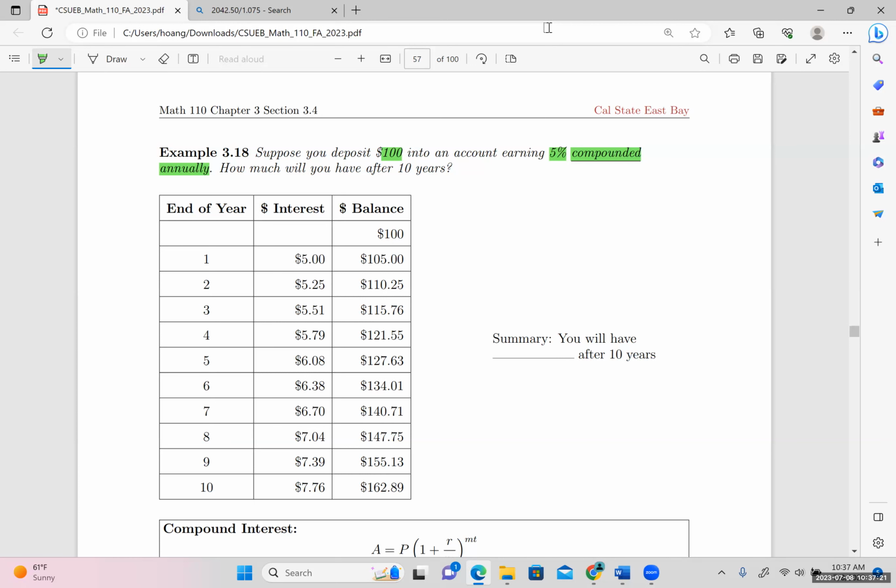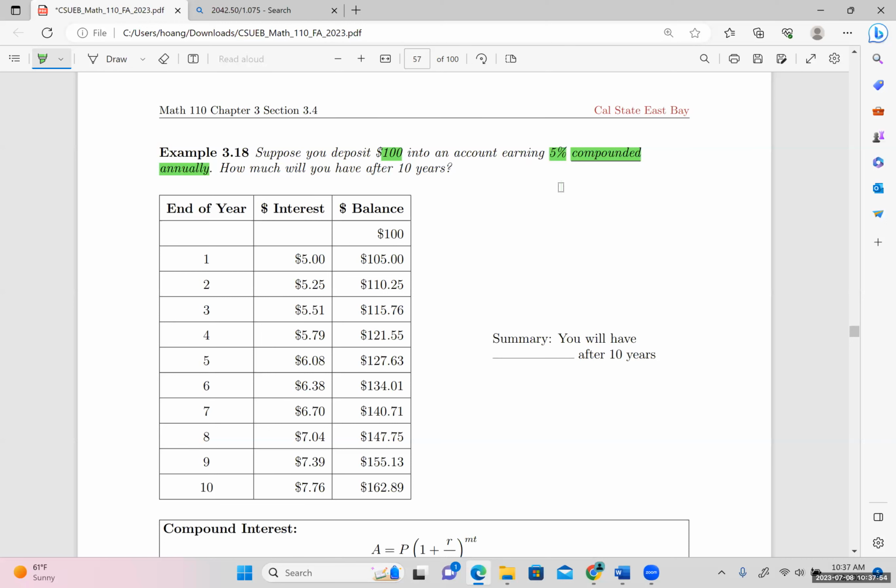If you use simple interest, it's just $100 added with the 10 years of interest. However, the compound case is different from simple interest.